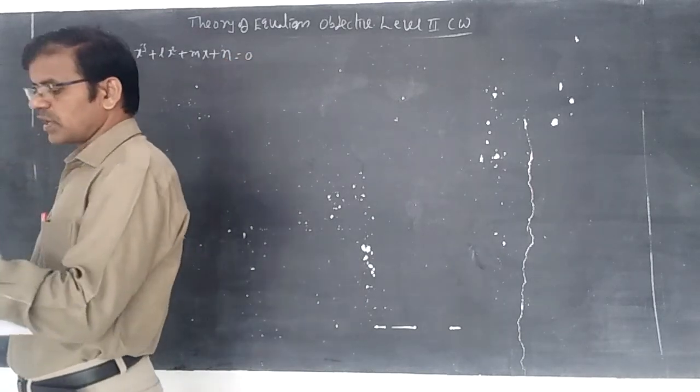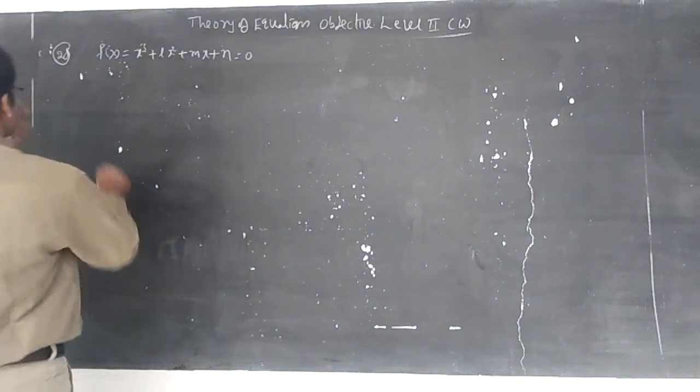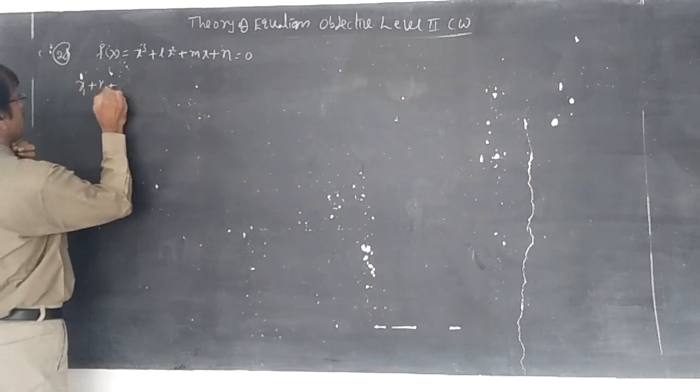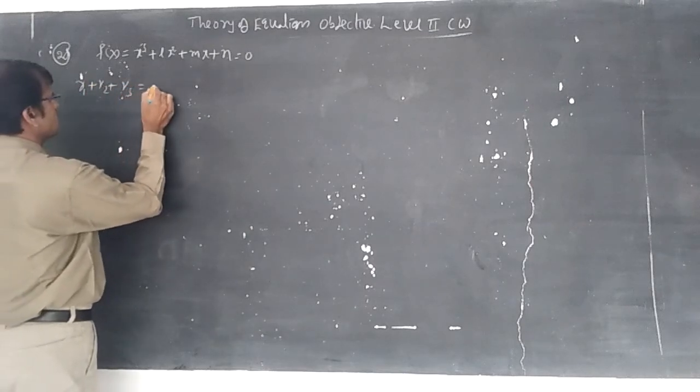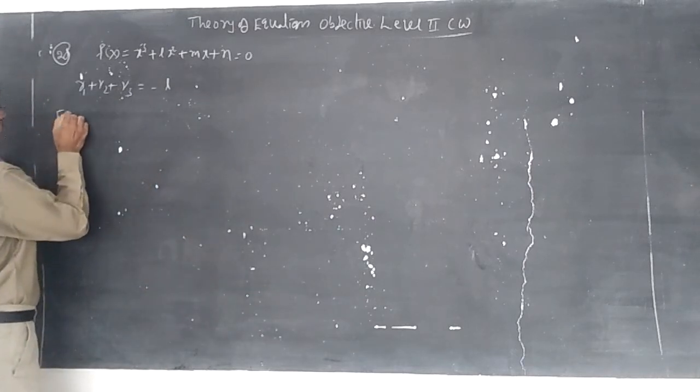Then L you need to calculate, but it is given that R1, R2, R3 are the roots of this cubic equation. So R1 plus R2 plus R3 meaning minus L. Let us write the formula.